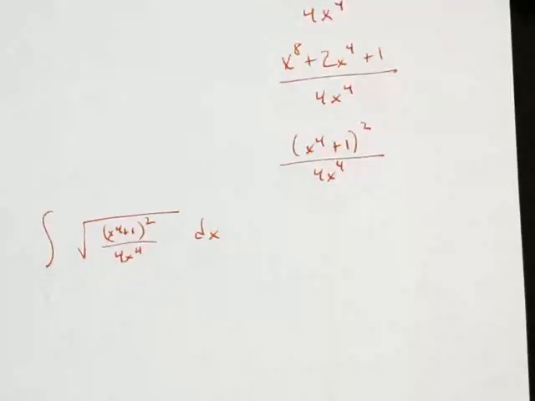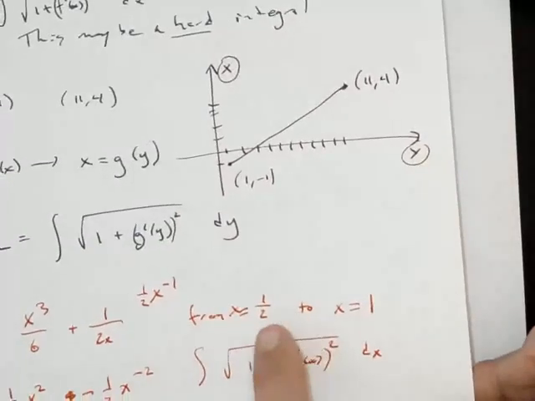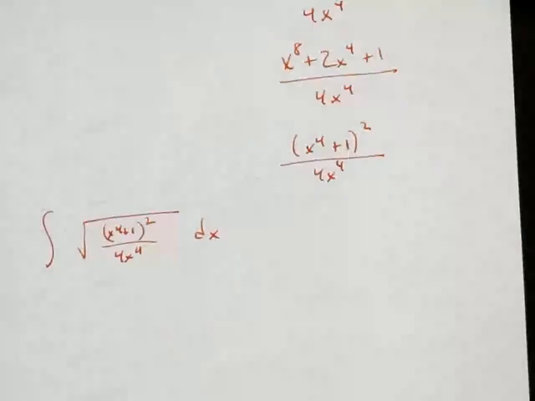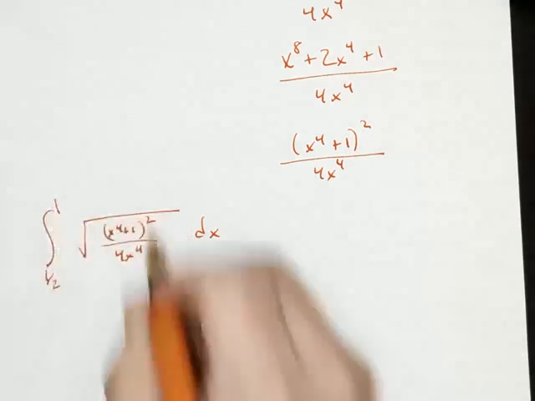Where did we start and where did we end our piece of curve? That was the other problem. In this case, 1/2 to 1. So from 1/2 to 1.